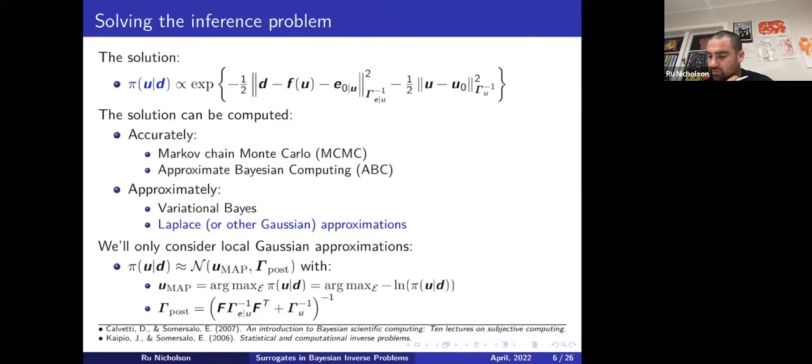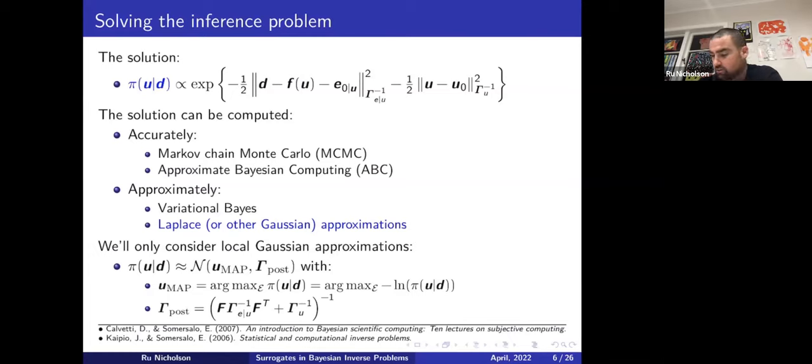And so solving the inverse problem, it becomes an inference problem, a problem of statistical inference. So there are various ways to solve such a problem. The accurate way to solve it would be to use Markov chain Monte Carlo or ABC.